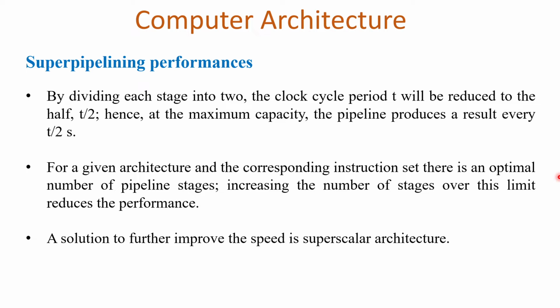So keeping all this practical scenario in mind, how can we improve the pipelining, that is the question. And as an answer, we can go for another more advanced pipelining over super pipelining, that is what we call superscalar architecture or superscalar pipelining. So naturally the question will come, what is superscalar pipelining?